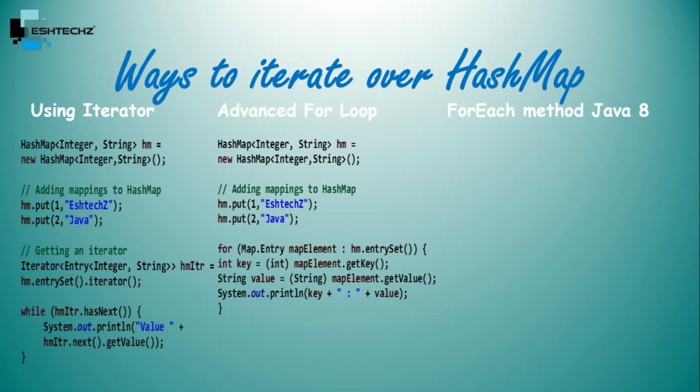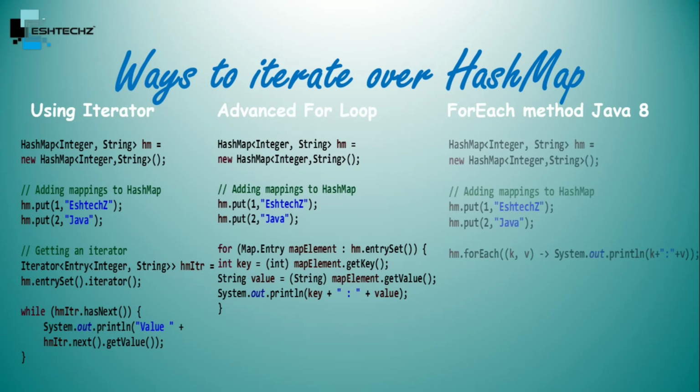Whereas it is very concise in Java 8, wherein we just need to call the forEach method on top of the map, and we can pass a lambda function which takes key and value as input, and we can directly output the key and value, and that's it. So these were the ways to iterate over the HashMap.